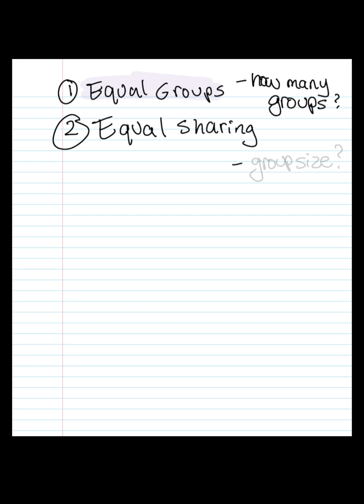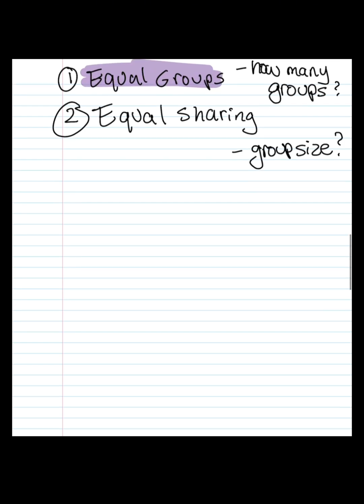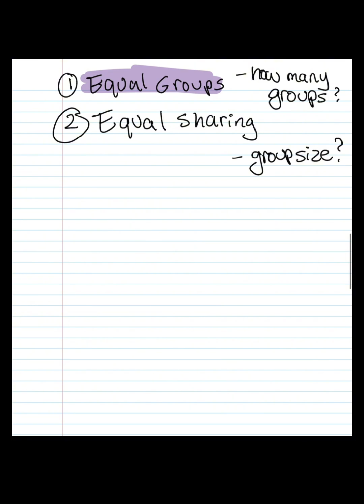And in equal sharing, you know the total number of groups, which is usually like friends or whoever you're sharing the items with, and you're trying to find out how many in each group, so the group size. So we're going to start with looking at equal groups. We'll look at some examples with those problems, and then we'll move on to equal sharing.